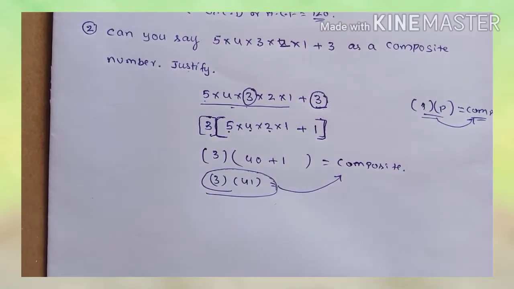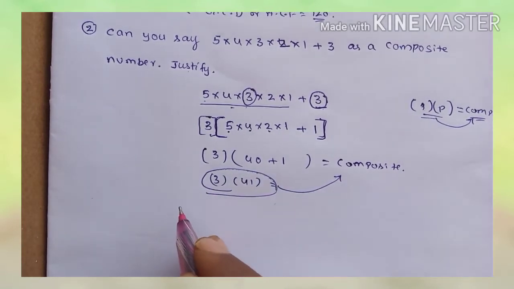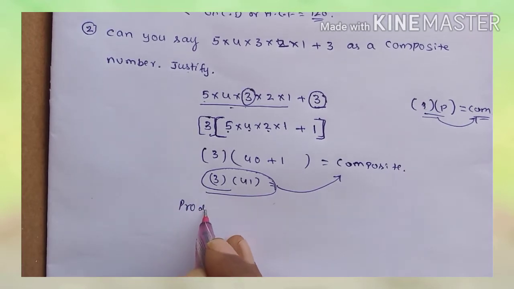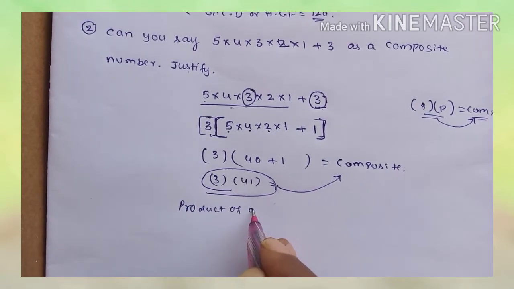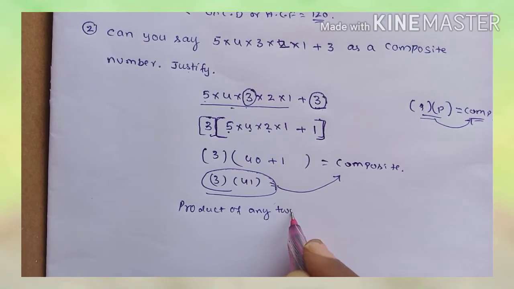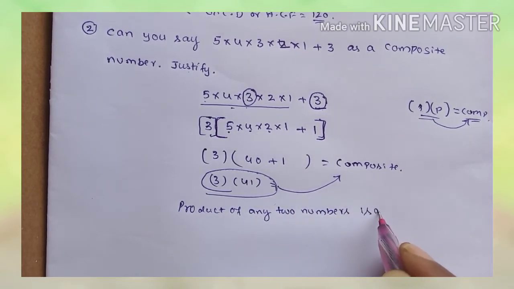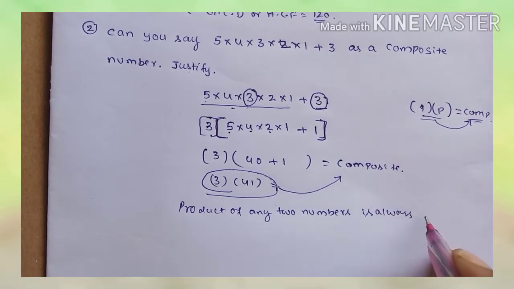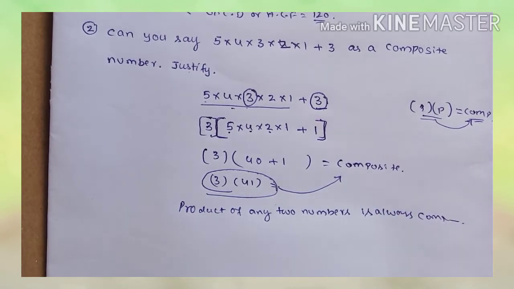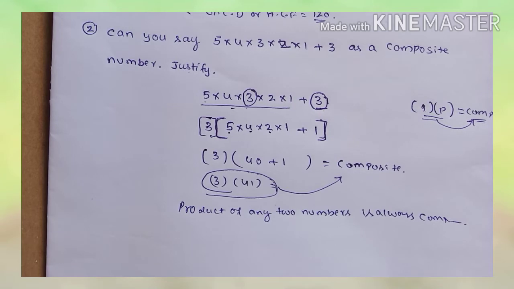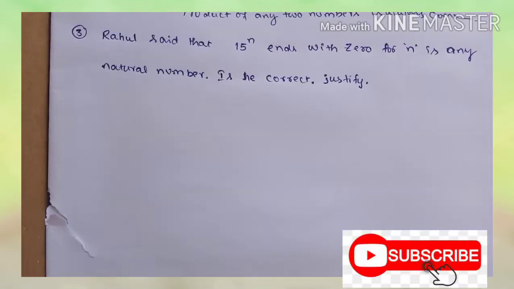A composite number. You can justify it: the product of any two numbers is always a composite number. Are you clear? Let's go for the next problem.